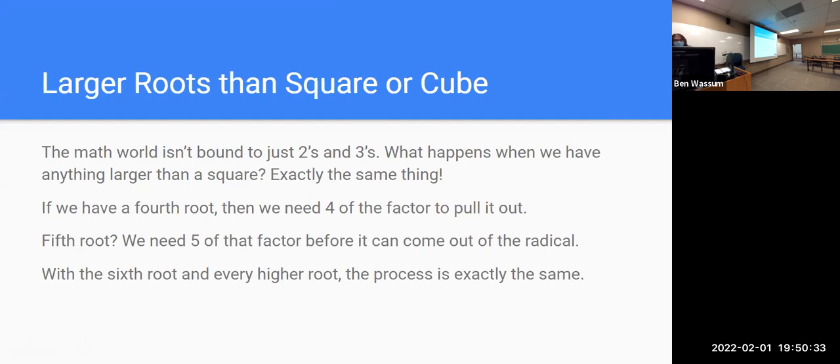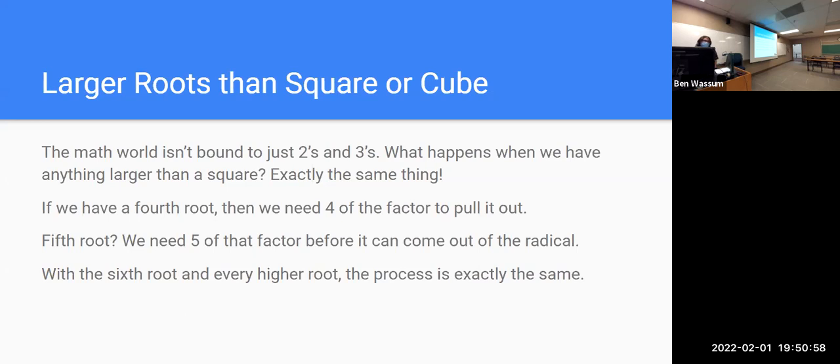So larger roots than square or cube. What happens when we have anything larger than a square? So a cube root, or after that, it doesn't have a fancy name for it. So a 4th root or a 5th root or a 100th root. The same thing happens, exactly the same. It's the same concept. If I have a square root, I need to pull out 2 of the factor.